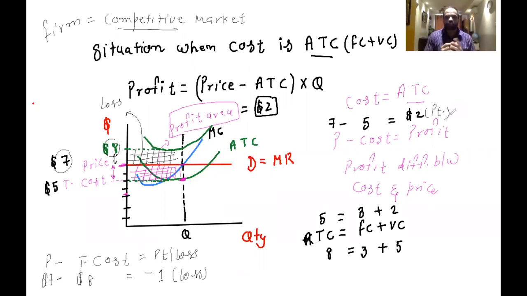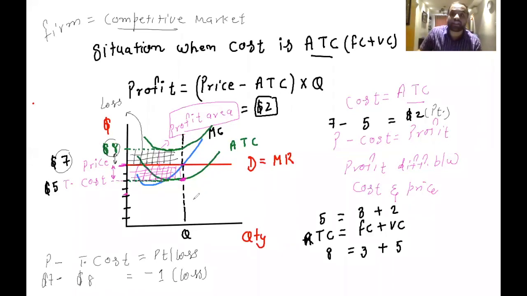So this is the situation when the cost is average total cost. So cost is playing a very important role. It could be increased or it could be decreased, because fixed costs remain unchanged, but because of variable cost, average cost may increase or decrease.